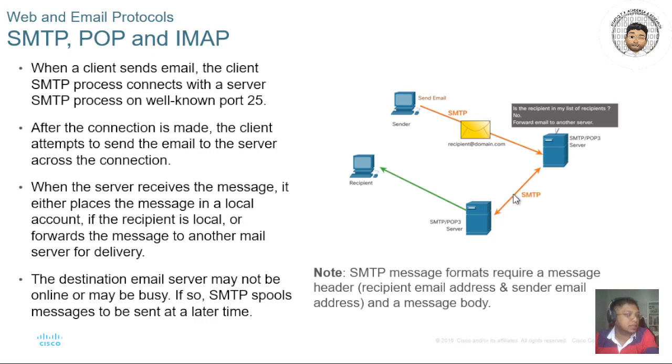Okay, and when it is received by the server and the user is in the recipient server, then the recipient will be able to access the email sent by the sender. So this is exactly how your email works. It doesn't necessarily mean email, it can be your WhatsApp and everything, same process involved.